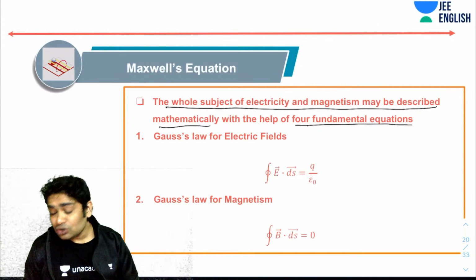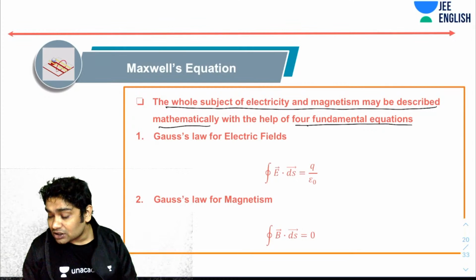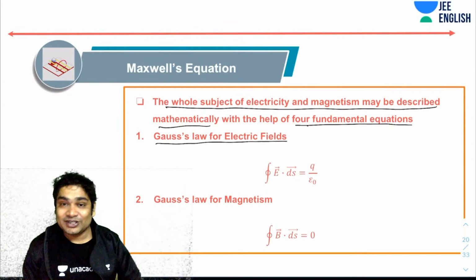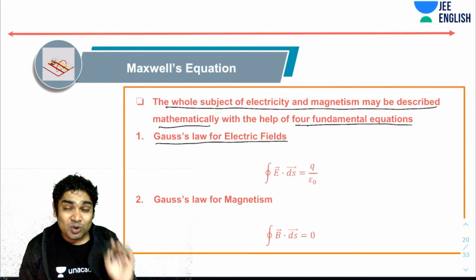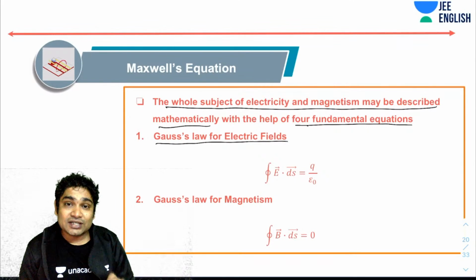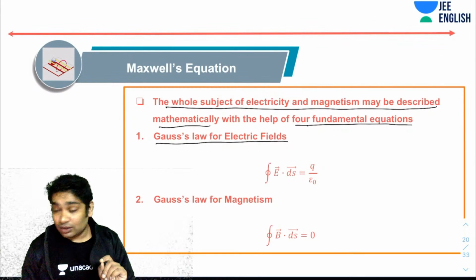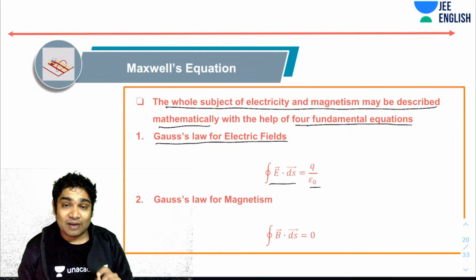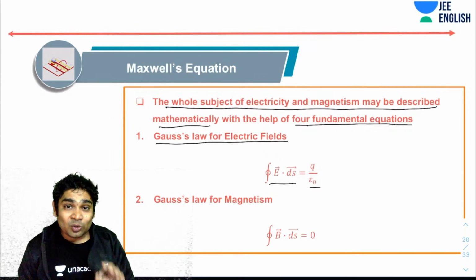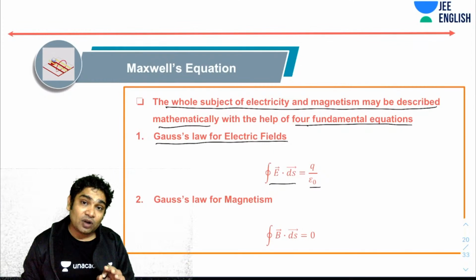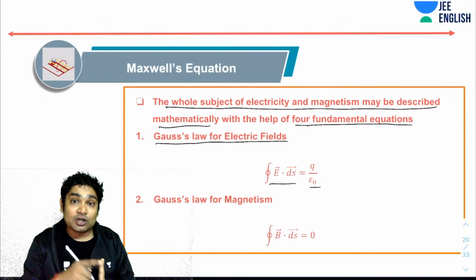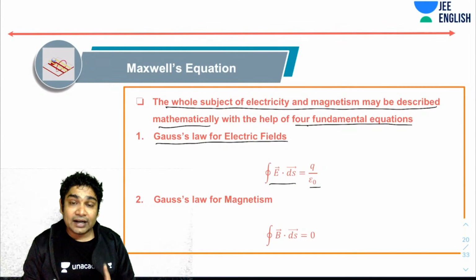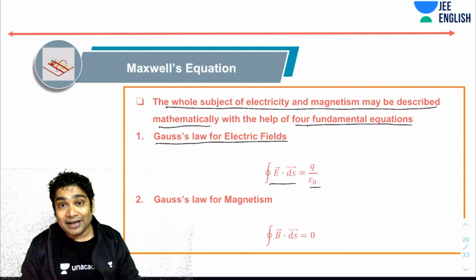So the first equation, of course, is Gauss's law for electric fields. This is one of the most fundamental equations that we have. This equation, the integral of E dot ds equals Q enclosed over epsilon naught, is valid not only for electric fields produced by stationary charges, but also for electric fields produced by moving charges, and also for the electric fields which are induced due to varying magnetic fields.